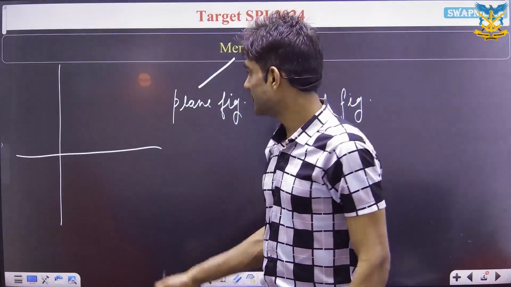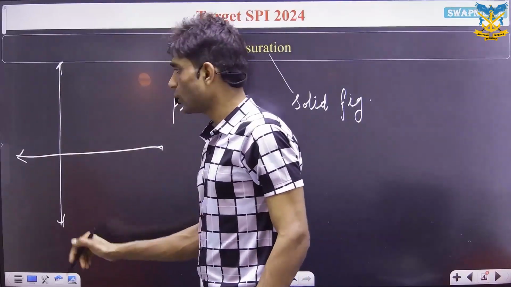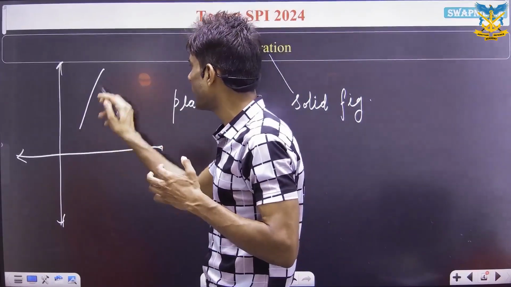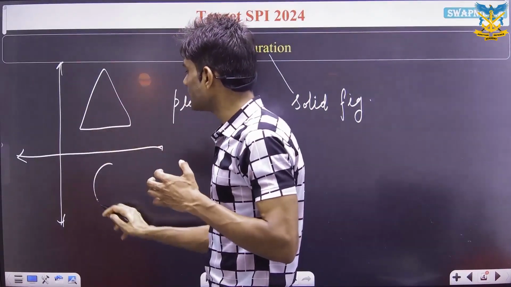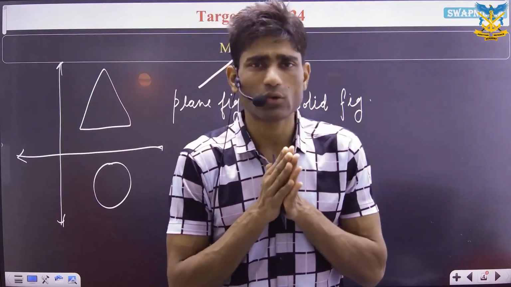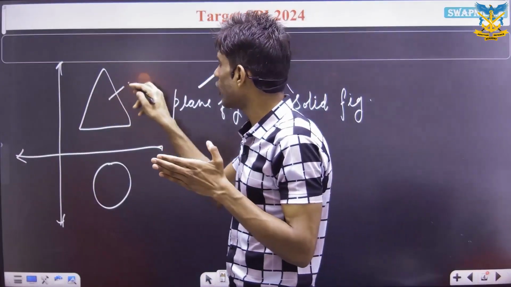Now we have the x-axis and y-axis. If we plot some coordinates here in the x and y-axis, we get some sort of plane figure like a triangle, like a circle. These types of plane figures come here. So in our plane figure we have to worry about only the area of a triangle.